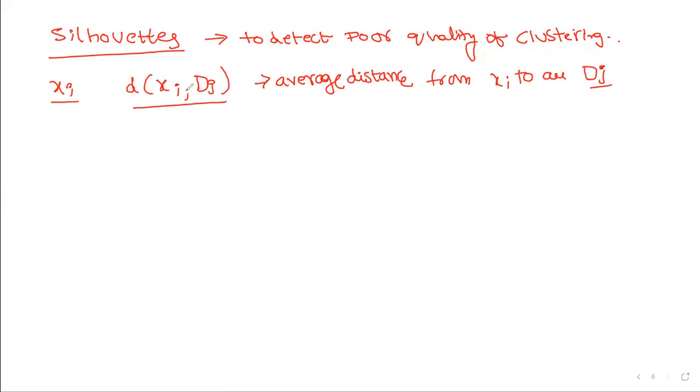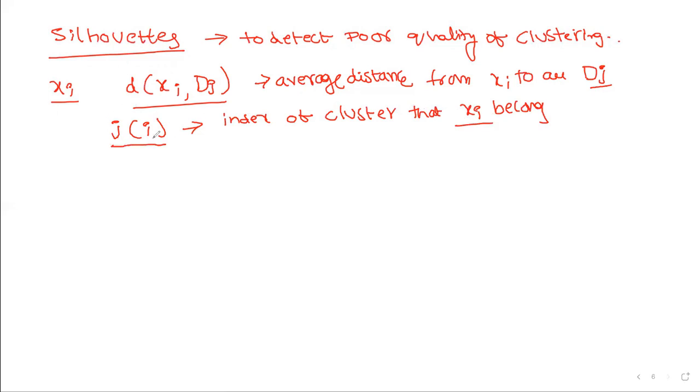D of xi, dj is the average distance from xi to all the data points of cluster dj. Suppose j of i is the index of the cluster that xi belongs to. That is, to which cluster the data point belongs, that index is represented with ji.